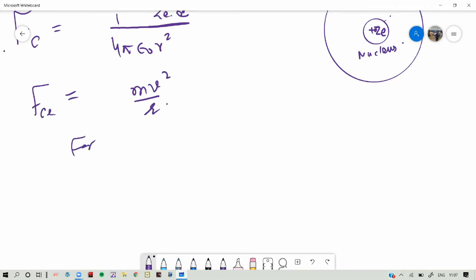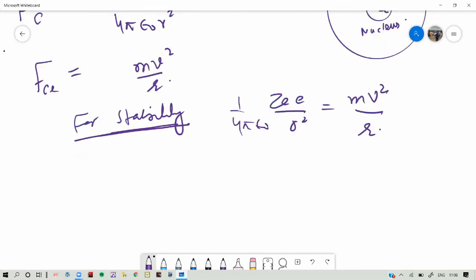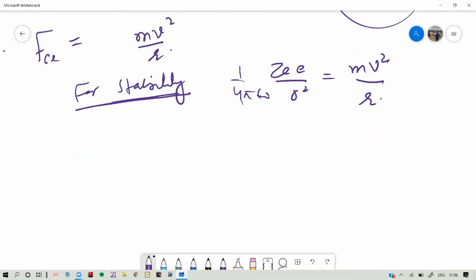For stability, 1 by 4 pi epsilon naught times Ze square by r square is equal to mv square by r. They will be equal and opposite, and that is how the electron will be in a stable orbital path.